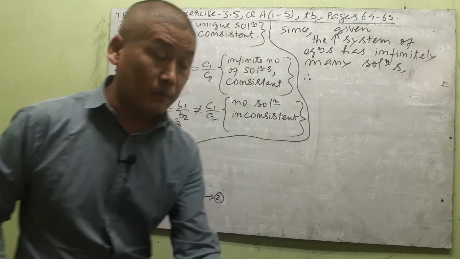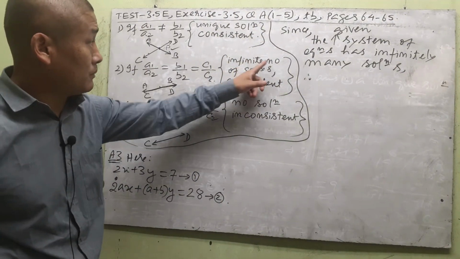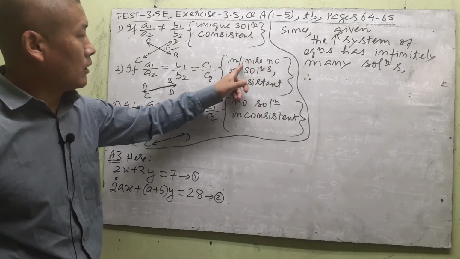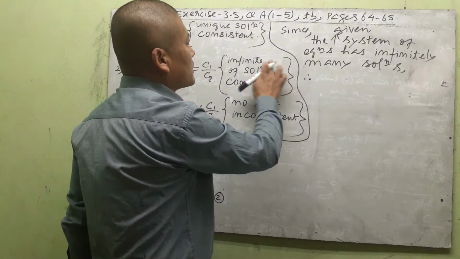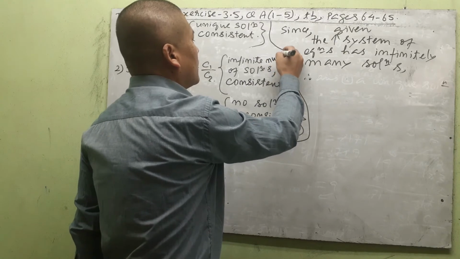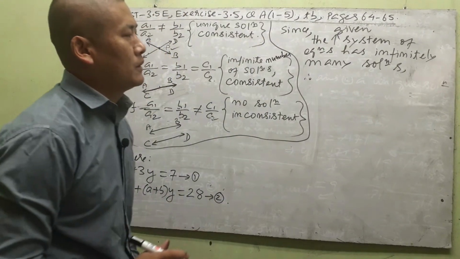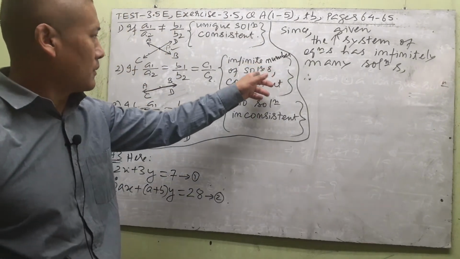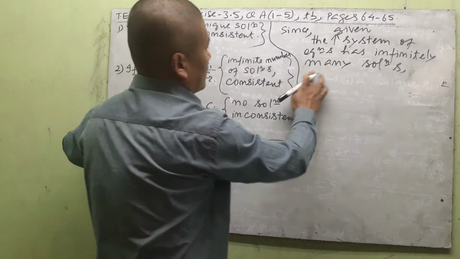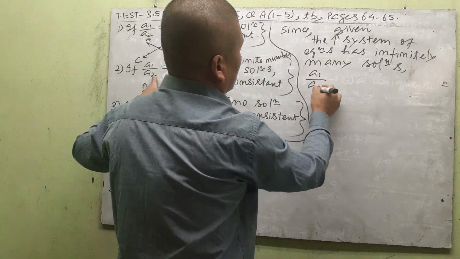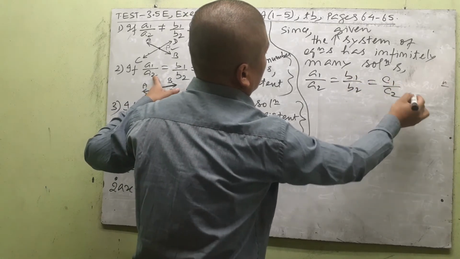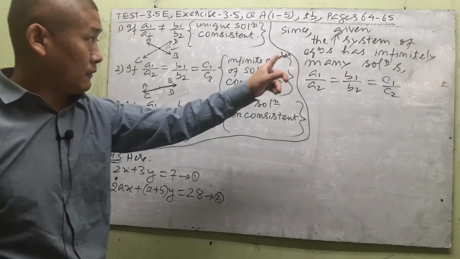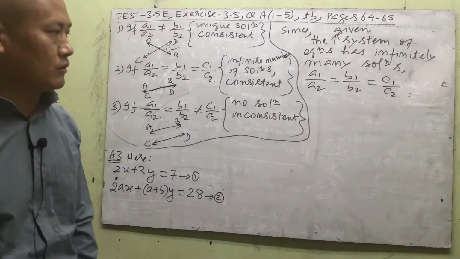So which condition is the one having infinitely many solutions? Infinite number of solutions is the same as infinitely many solutions. So this condition: a1 by a2 equal to b1 by b2 equal to c1 by c2, because the question clearly says they have infinite number of solutions.